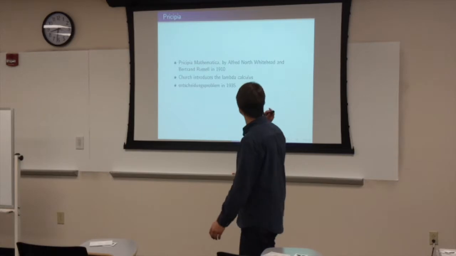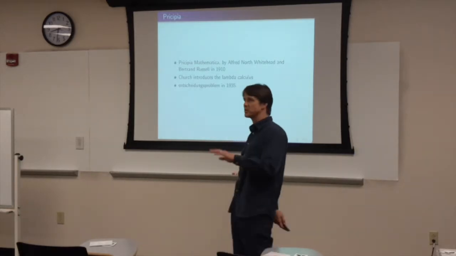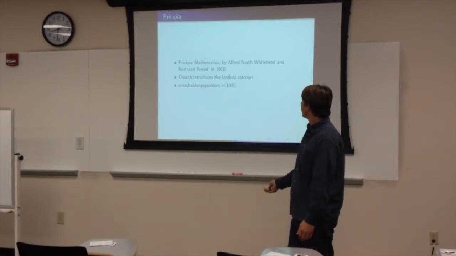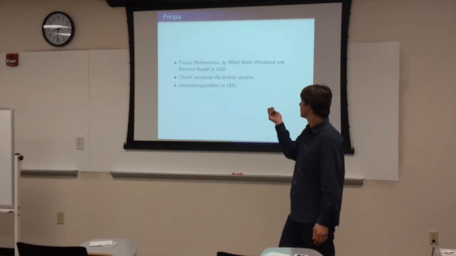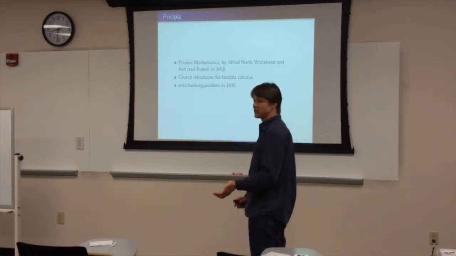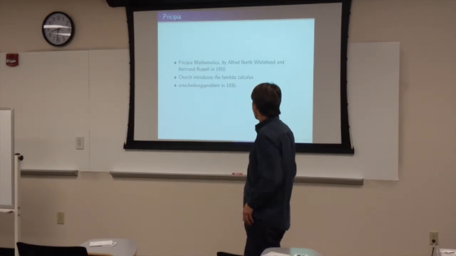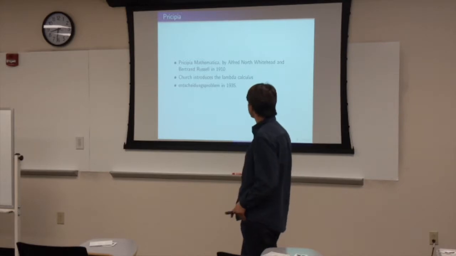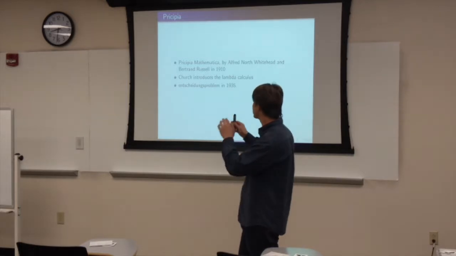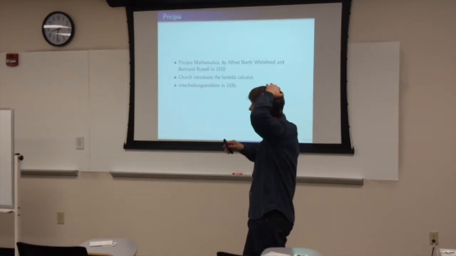I forget what the famous anecdote is. It's like he proves 1 + 1 is 2 on some way far out page. But even though the notation in this book is horrendous and no one uses it anymore, and it's not very easy to read, no one reads it anymore, the ideas really encouraged everyone to try this more formal notion. And it inspired a whole generation of mathematicians to take it seriously.